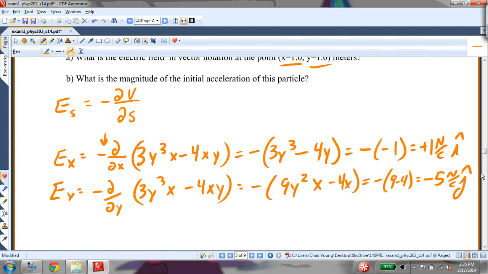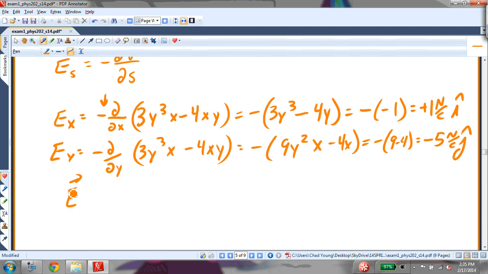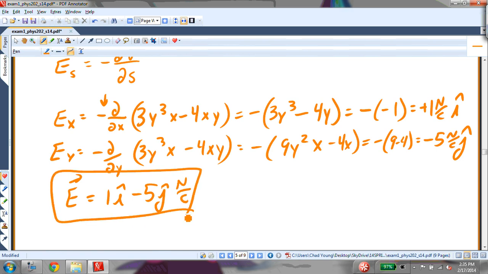So now I have my electric field in vector notation. I think that was the first part, right? Yeah, so E is equal to 1i minus 5j newtons per coulomb or volts per meter. That's the first part, part A, that was worth 6 points.